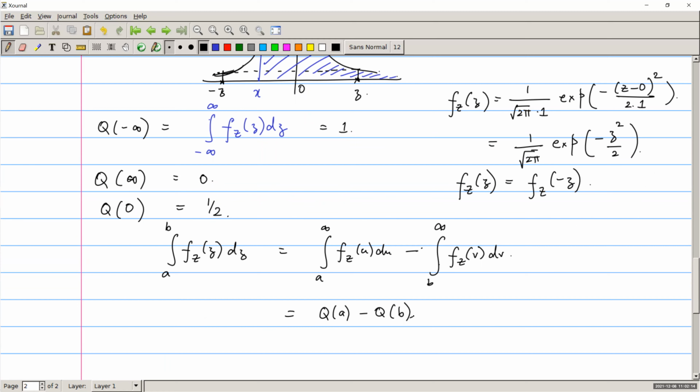Okay, so if somebody tabulated all the values of Q for sufficiently good granularity of a, you can't do it for every value of a, but for different values of a with very small intervals, then you could compute any integral like this using the table. Okay, and so that's what people used to do in the past.